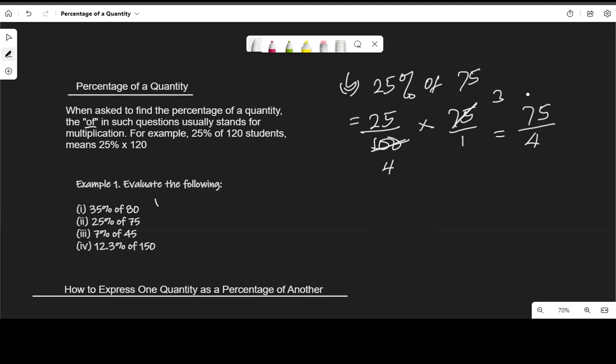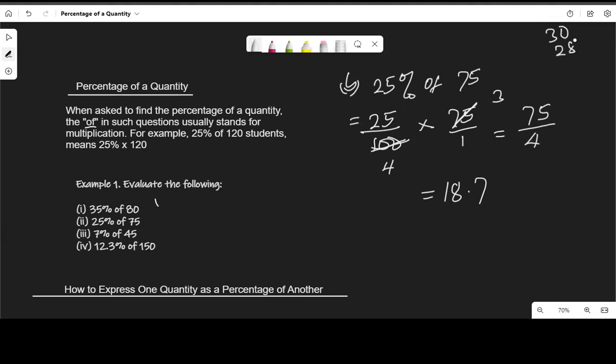75 divided by 4. 7 divided by 4 is 1, remainder 3. Put the 3 here. That is 35. 35 divided by 4 is 8, remainder 3. 8 point. That 3 that remains, if I place a 0 behind it, that is 30. 30 divided by 4 is 7, remainder 2. 7 times 4 is 28.